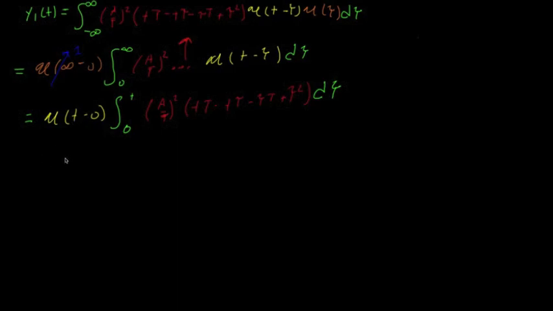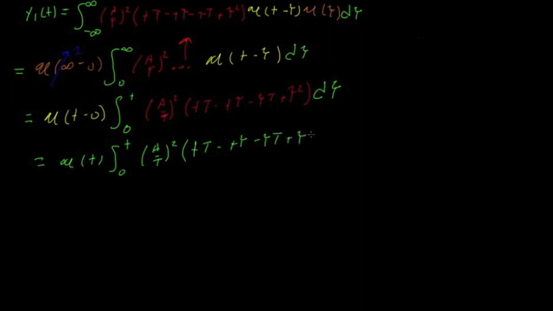So we'll have u of t, the integral from 0 to t of a over T quantity squared, and I'll just write it one more time, in the same color: t capital T minus little t tau minus tau capital T plus tau squared d tau. And that's equal to y1 of t.